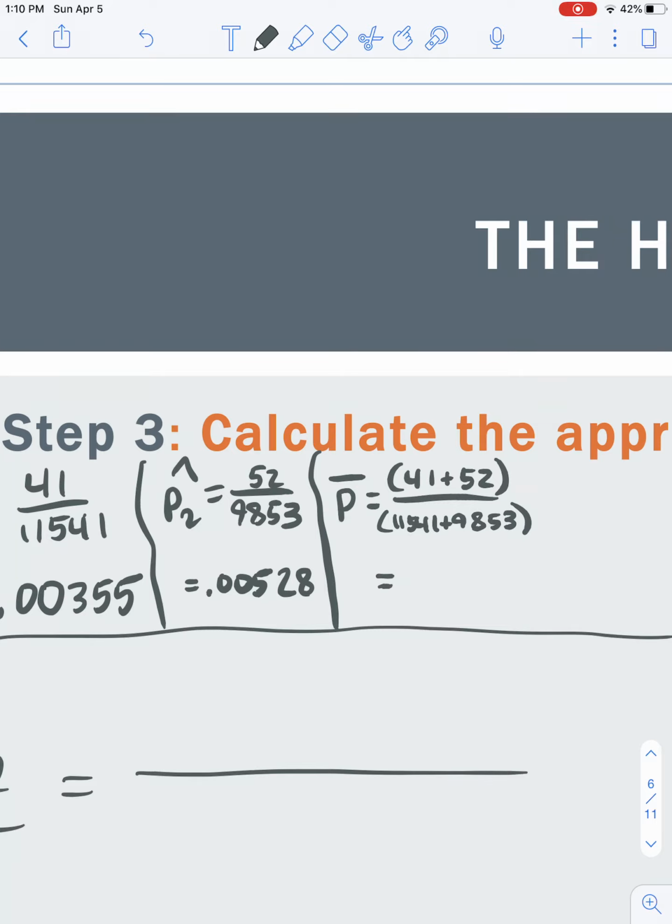And we're going to see what that gives us. So our pooled proportion is going to be, I'm just typing this into my calculator right now, and I get an answer of 0.00435.